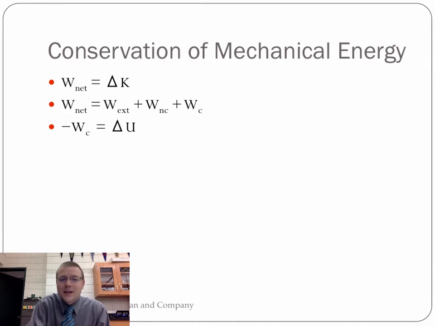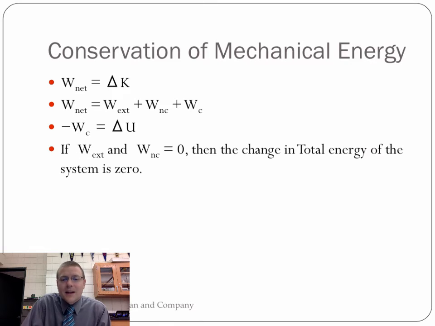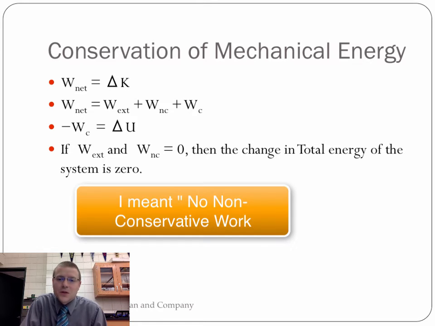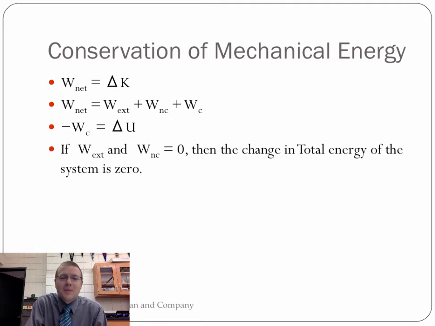So I can move that minus sign to either side. In this case, I'm going to move it to the left side for work done by conservative forces. In a scenario, let's say that there is no external force and that there are no non-conservative forces. That way, we can say that the total energy of the system must add up to 0.